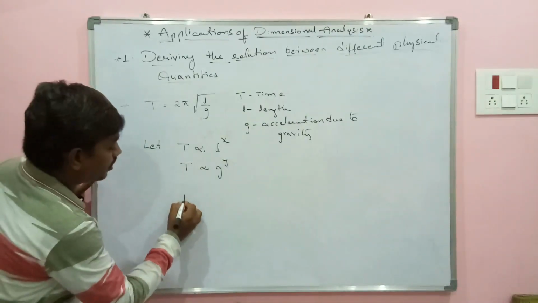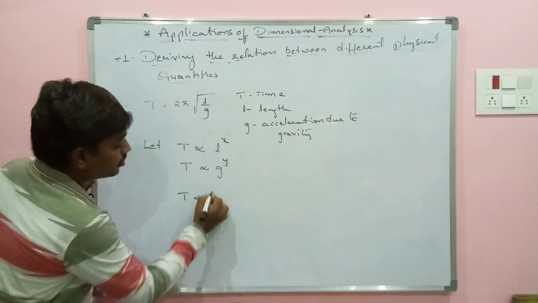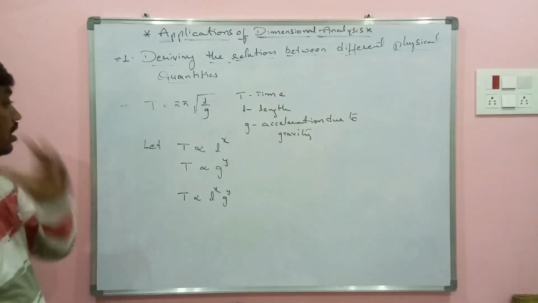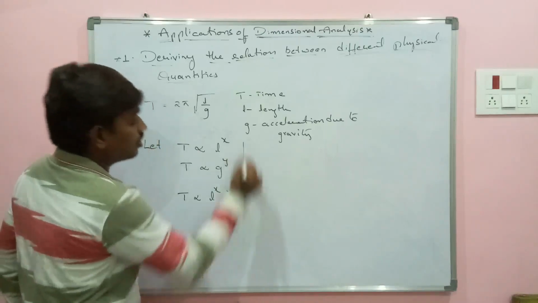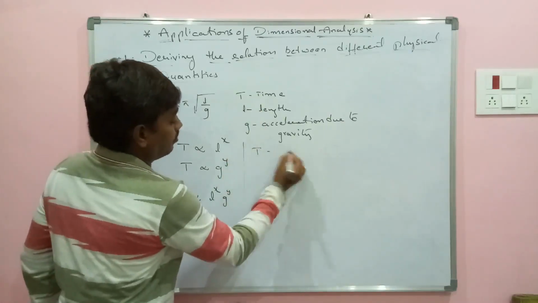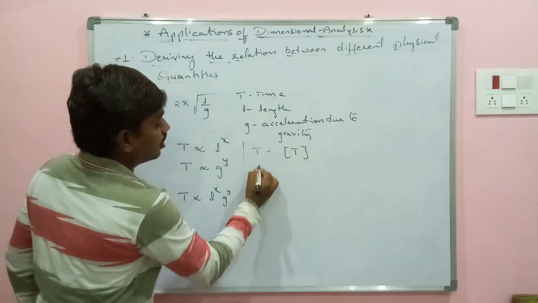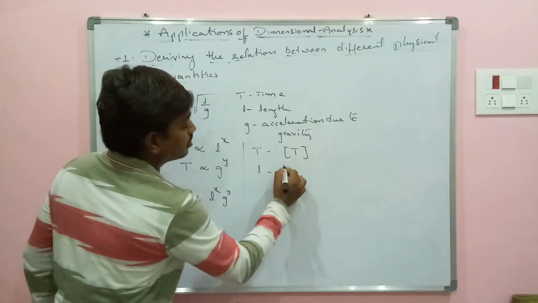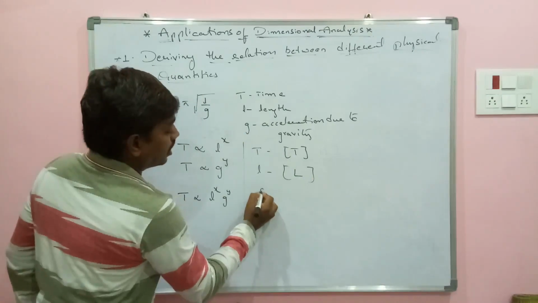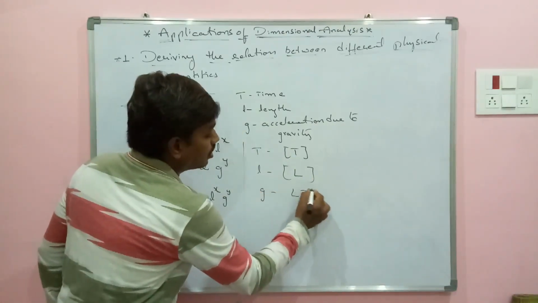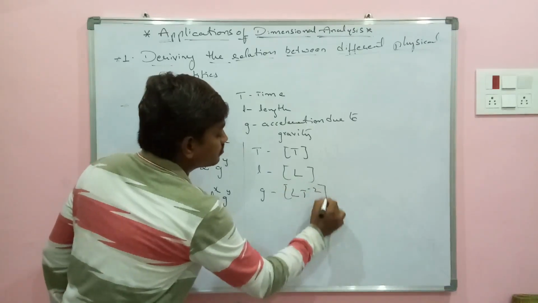Combining these two, I will be getting T is proportional to L to the power of x and g to the power of y. Knowing the dimensional formula, time period, time. So dimensional formula is capital T to the power of 1, L simple length, g acceleration due to gravity means acceleration only, so L T to the power of minus 2.